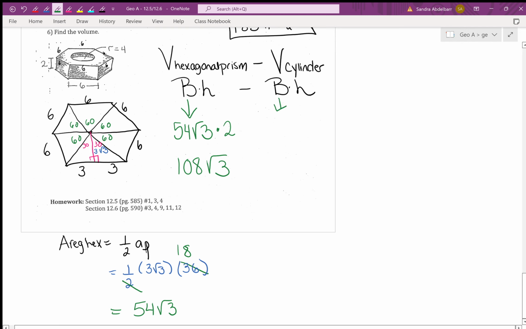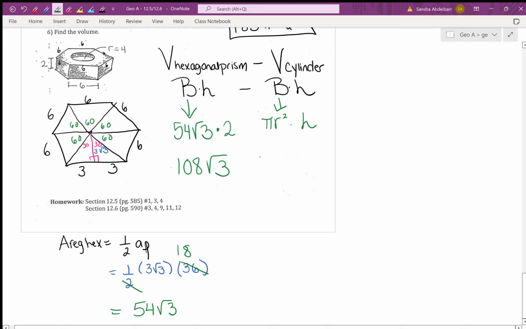All right. Volume of a cylinder. Should I give you all a second to catch up? Okay. All right, volume of a cylinder, area of the base times the height. So that's pi r squared times the height. Do we agree they told us the radius is 4? That was labeled for us.